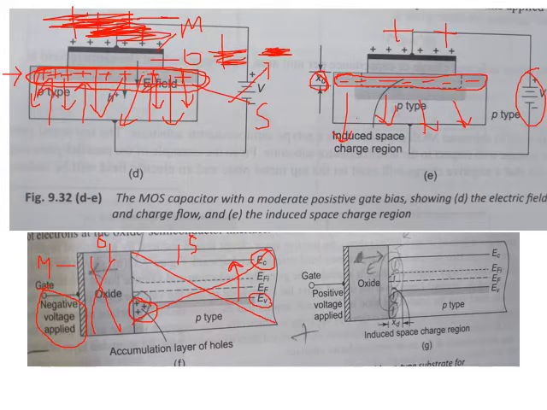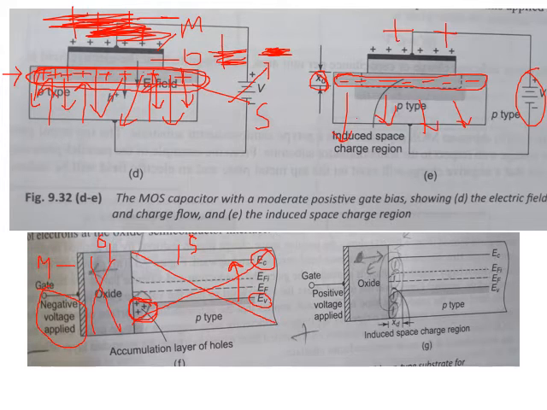What is EF? EF is the Fermi energy level, right? It is the probability of the charge carriers to occupy that level. Here, because the charge carriers are holes, which region will they be occupying?